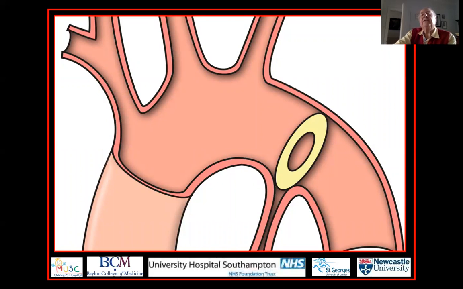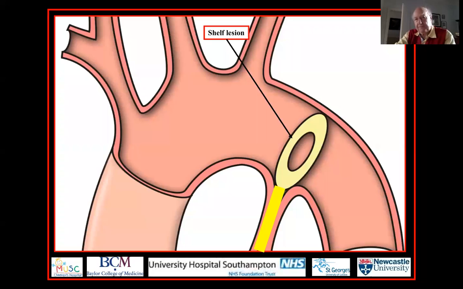Because when the narrowing becomes more severe, we can get this formation, a shelf within the lumen. And most typically, we see that when the arterial duct is closed. In the old days, we used to call this the adult form, and we used to call the association with the open arterial duct the infantile form of coarctation.